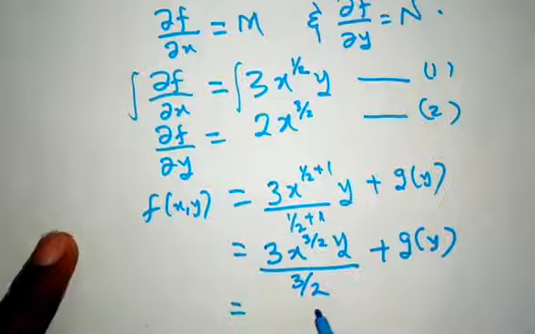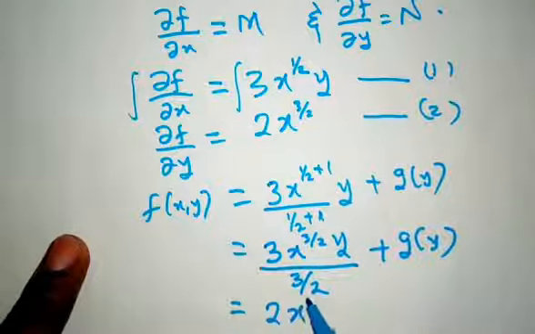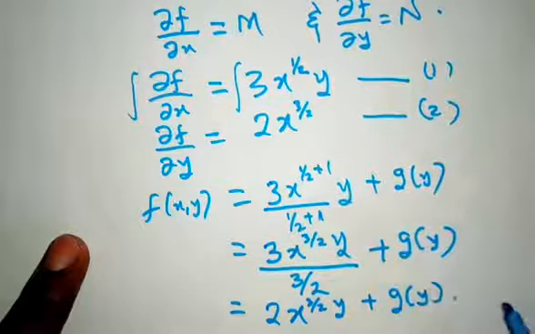And this is the same as 2x to the power of 3 over 2 y plus g of y.